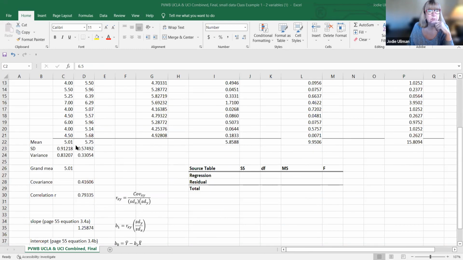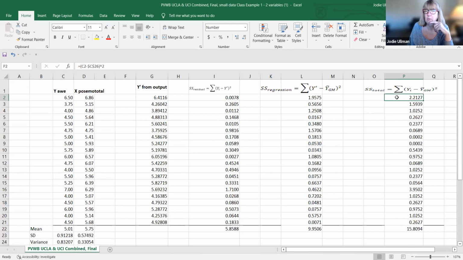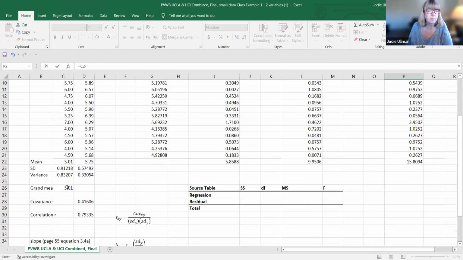Mean was 5.01. And we squared it. So we would have equals 6.5 minus the mean. And we want to square that difference.